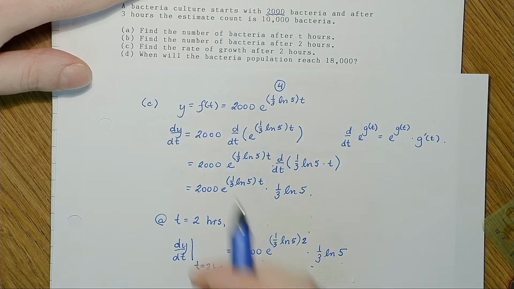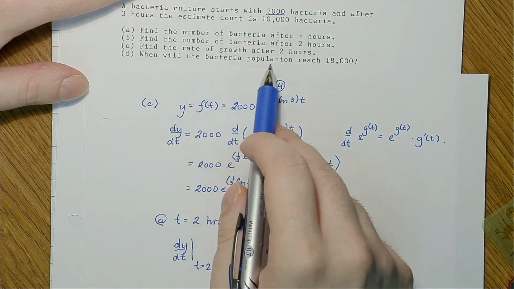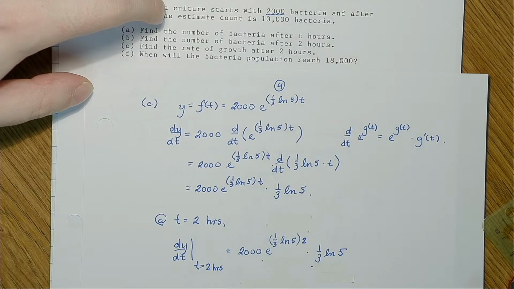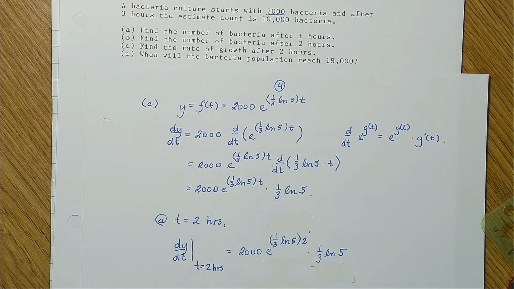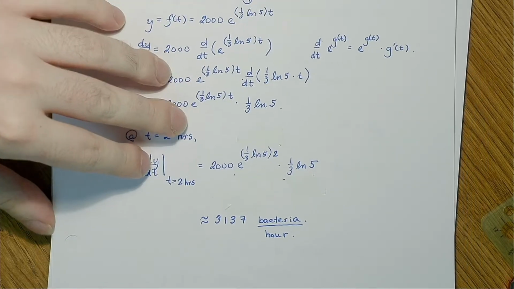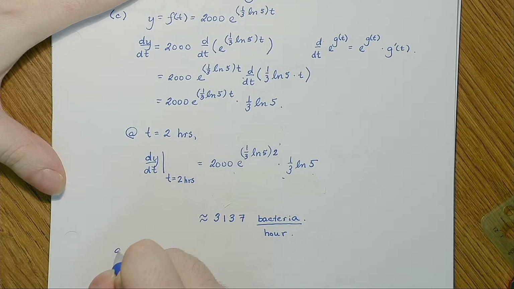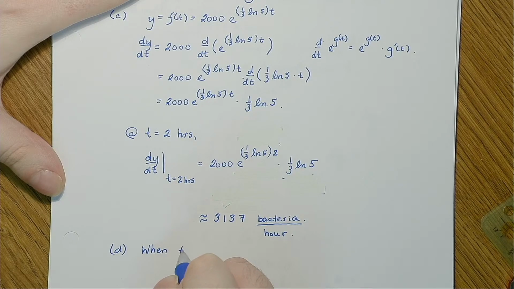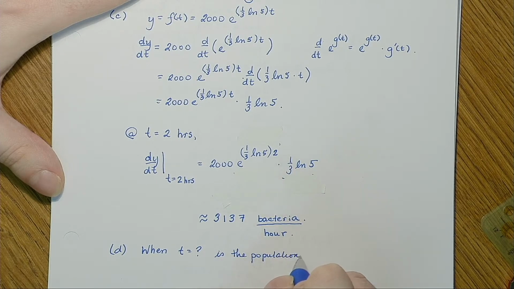We have one last little question to finish. It says, when will the bacteria population reach 18,000? So when is the population 18,000?